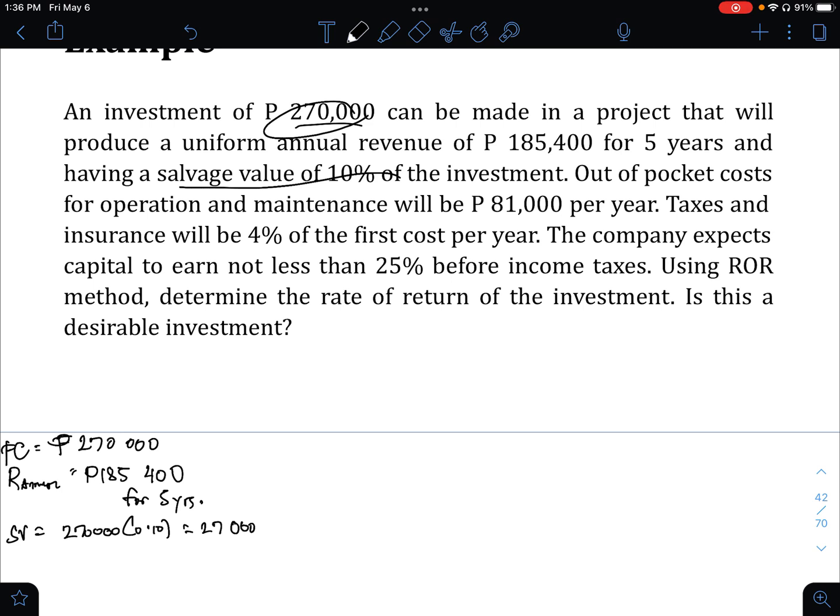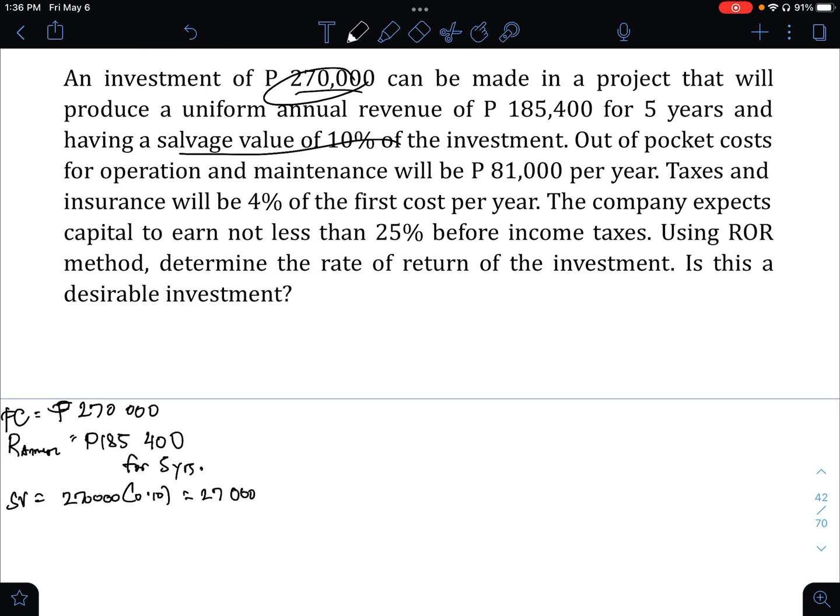Out-of-pocket costs for operation and maintenance will be 81,000 pesos per year, so annually. Taxes and insurance will be 4% of the first cost per year.